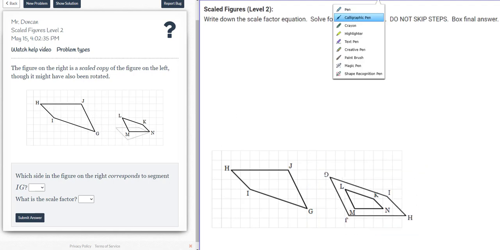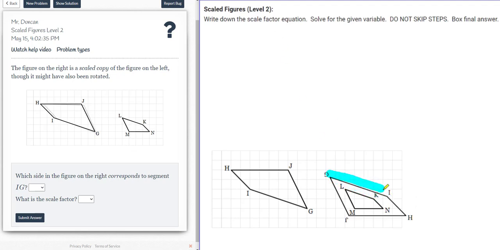The first question they asked is I to G. So I to G is this one right here. I'm just going to put it on the outside. And that would correspond, from I to G would be from L to K. So let's look for L to K, or K to L, however you want to look at it.